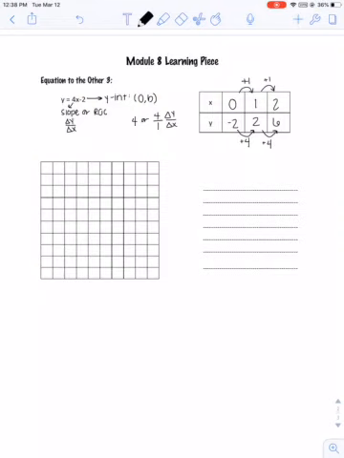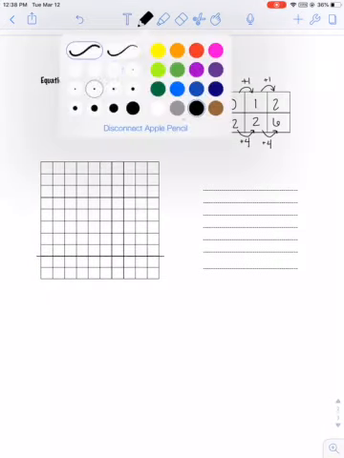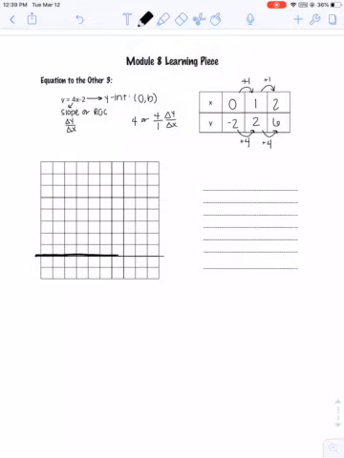Once you have your table created, you can do your graph, or we're going to talk about how you can go straight from equation to graph here. So I'm going to just darken these lines so that we have our axis clearly labeled. That's going to be our x-axis, and then this can just be our y-axis.